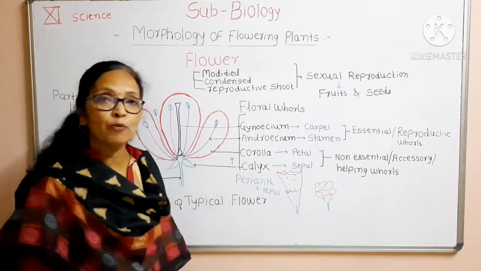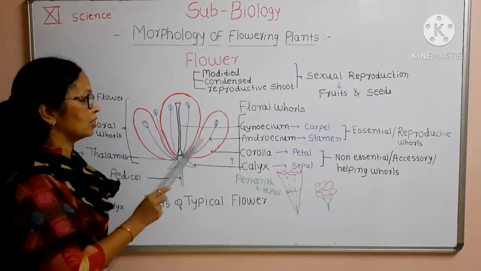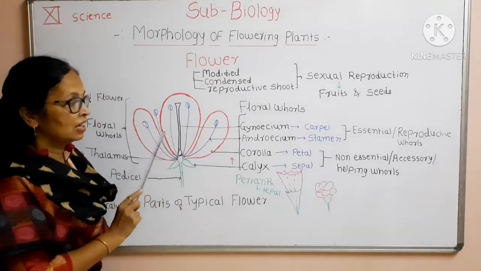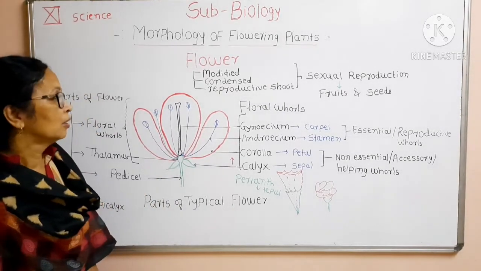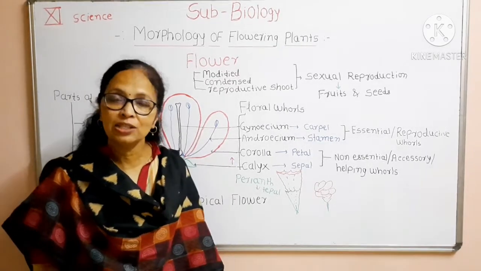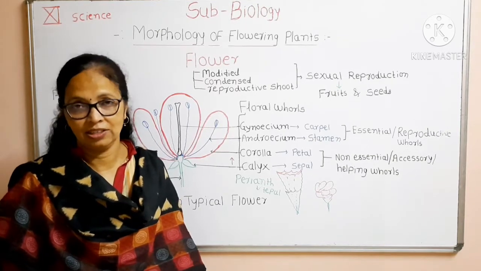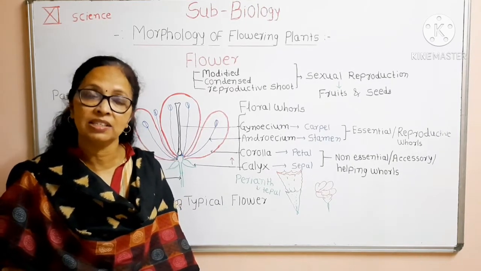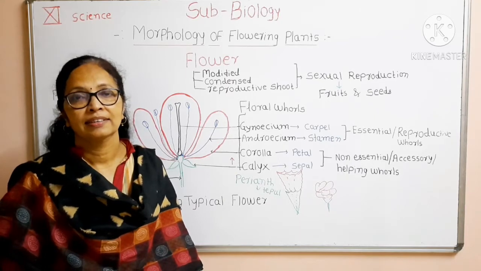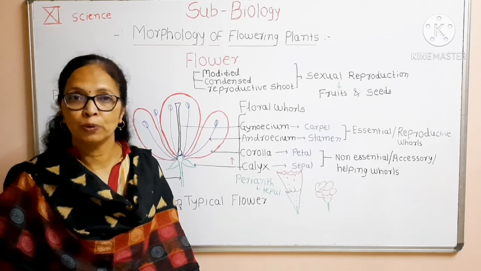They also protect the inner essential whorls in bud condition. Another function is protection. In that, there is the presence of scent glands, so they produce fragrance, helpful for attraction of insects as well as for production of perfumes.